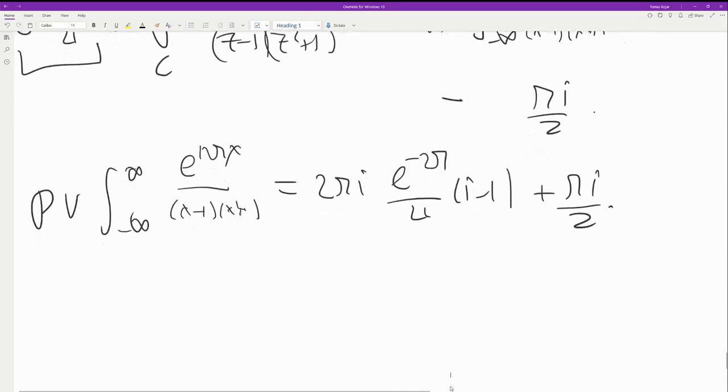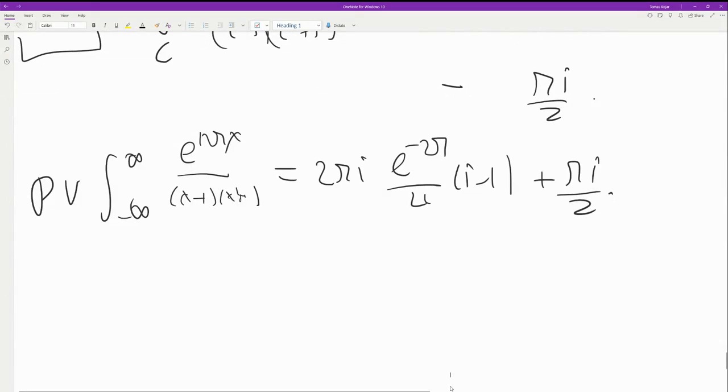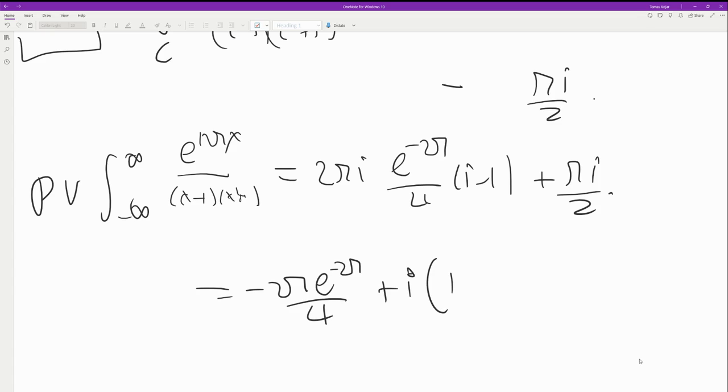Okay, so you can simplify this. We need to write this into the real part, minus 2 pi e to the minus 2 pi over 4, plus i pi over 2, and then minus 2 pi e to the minus 2 pi over 4.